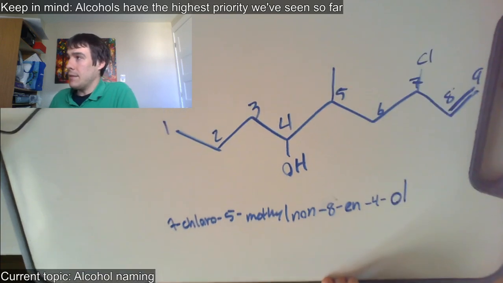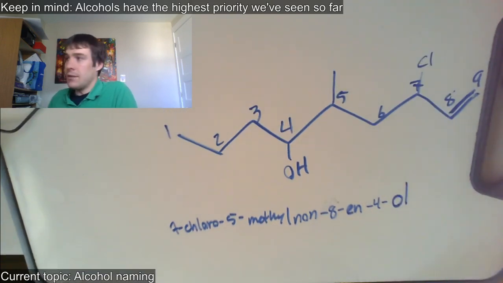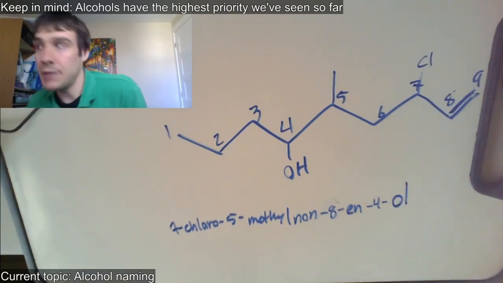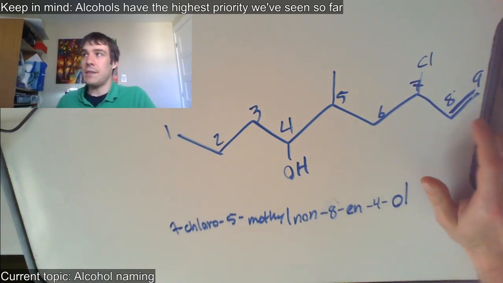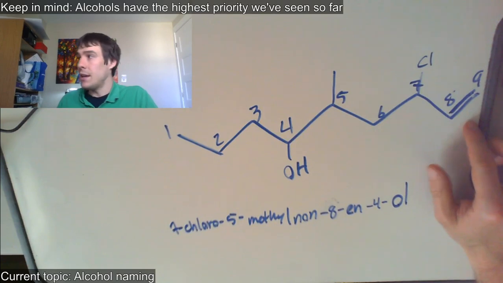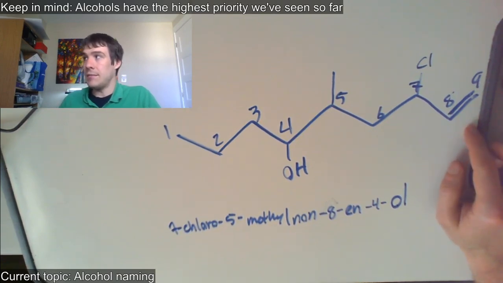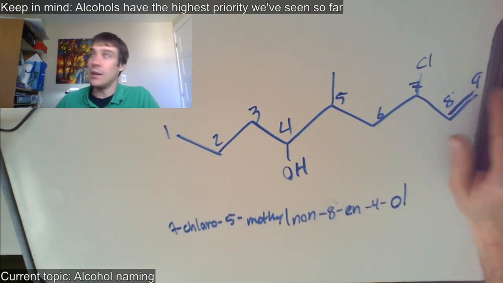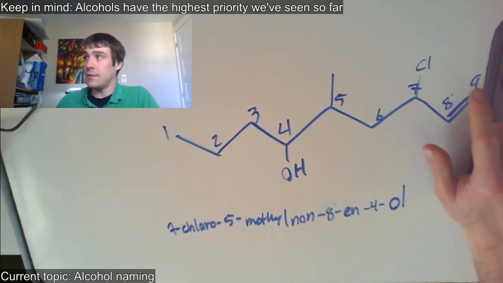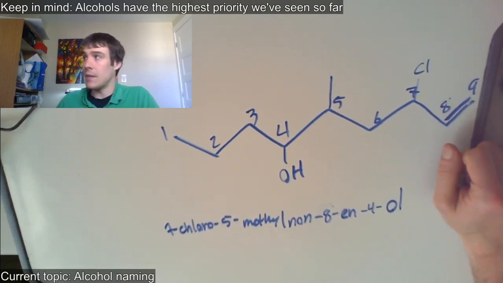Yeah, so that's kind of an overview of alcohol naming and priority. And if it was cis or trans, we'd actually have to say if it was cis or trans. But this one doesn't have a cis or trans. There's no preferred orientation here at the end of the chemical.